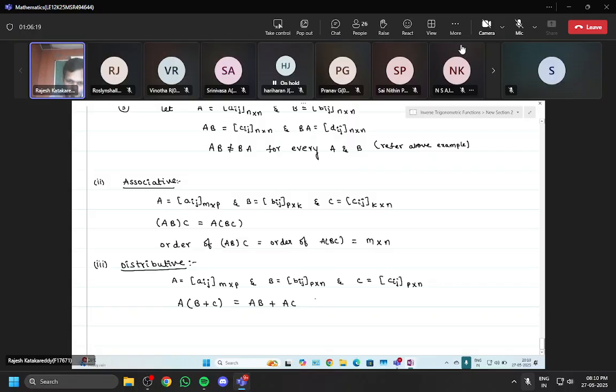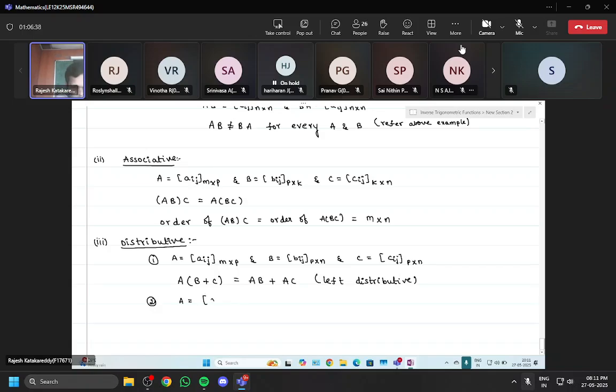So this is the left distributive property. This is right distributive.